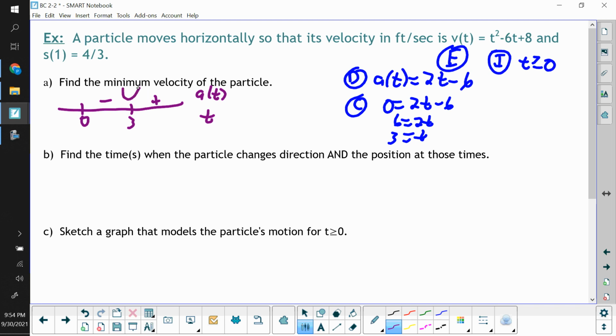So the velocity is going from a decrease to an increase, so that's going to create a minimum. So we can say t equals 3 is a min, since a of t switches from negative to positive.